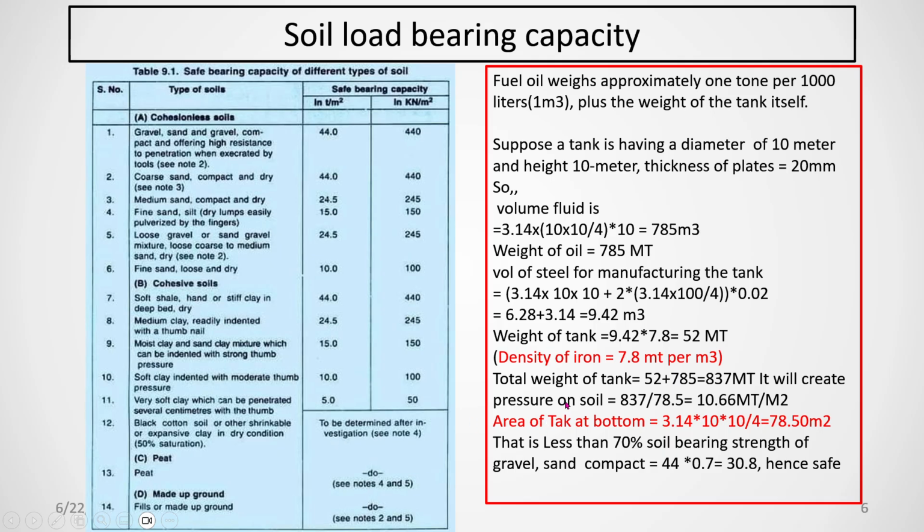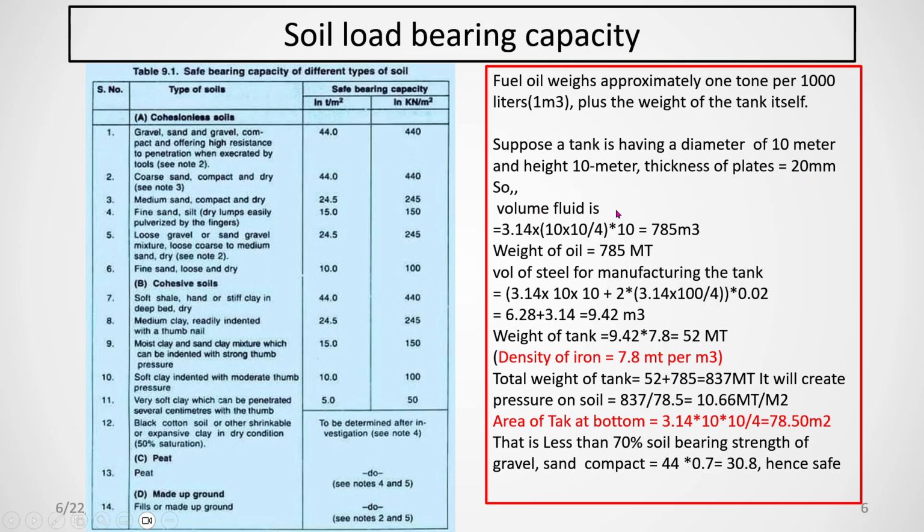Now I will show you the calculation. Suppose fuel oil. I have already told you that 1,000 liters, which is 1 meter cube, will be 1 metric ton. Suppose for calculation purposes the tank is 10 meter dia, 10 meter height, and its plate thickness is, suppose uniformly, though it is not possible, 10 millimeter.